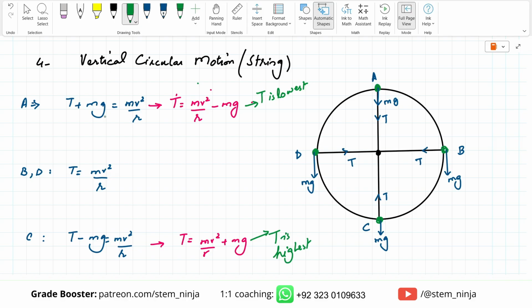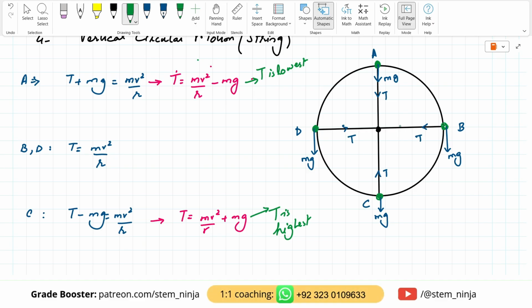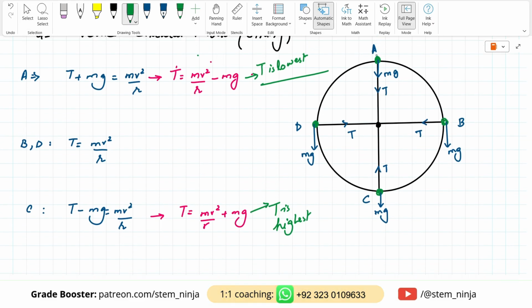Another observation that we must understand over here, that to maintain circular motion, T has to be greater than 0, right? If there is no tension, there is no circular motion, right? We already know that the object would fly off tangentially.